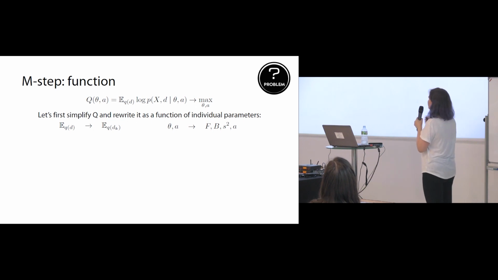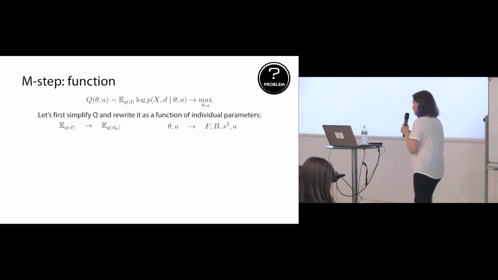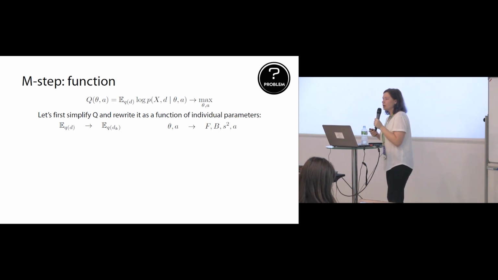So you need to rewrite this formula using two points. First, here we have an expectation with respect to q of d. If you think about the random variable d, it's actually a vector of random variables.